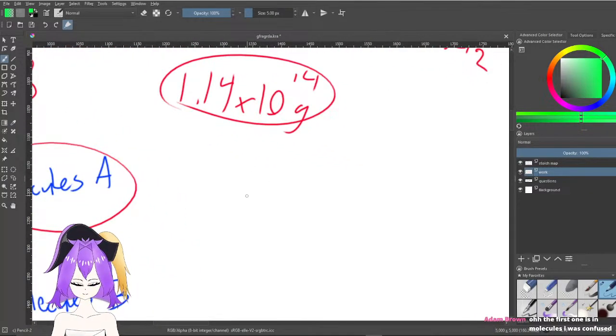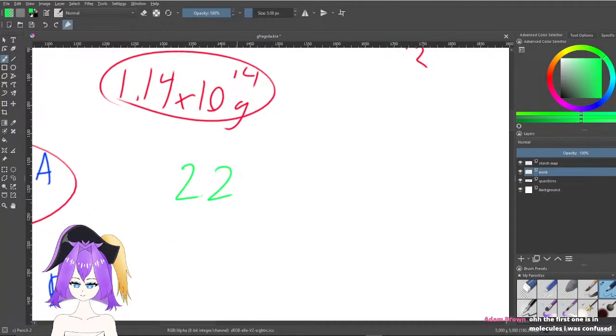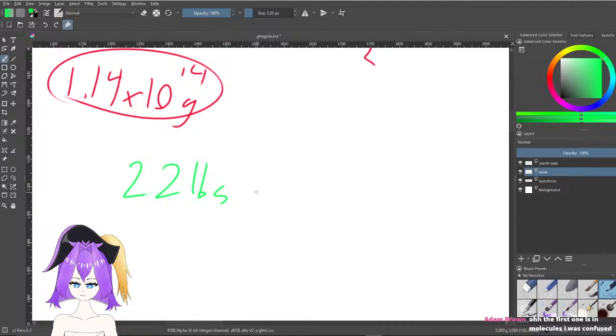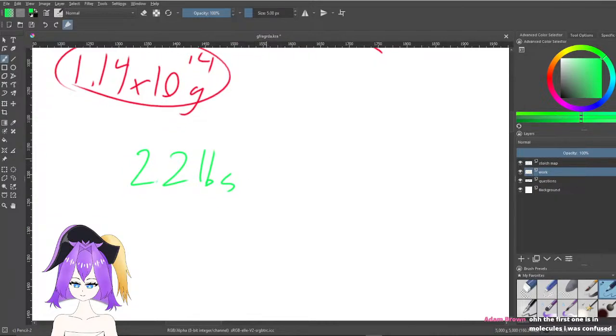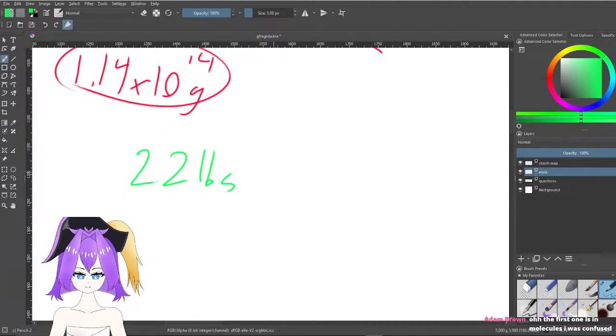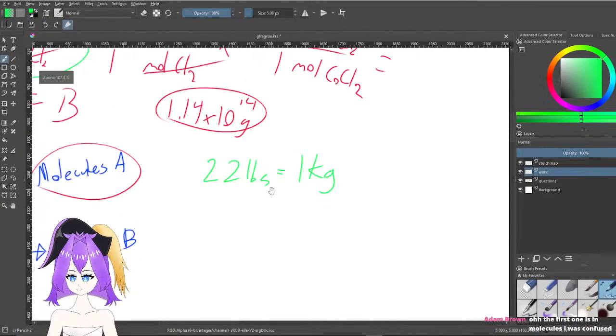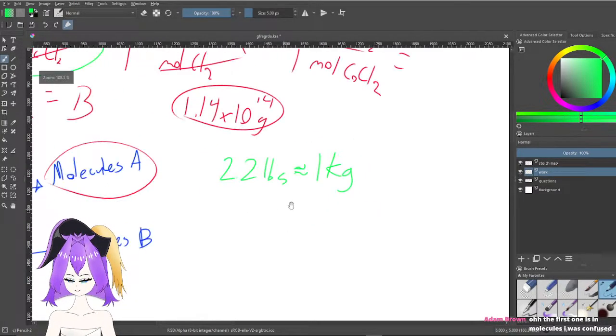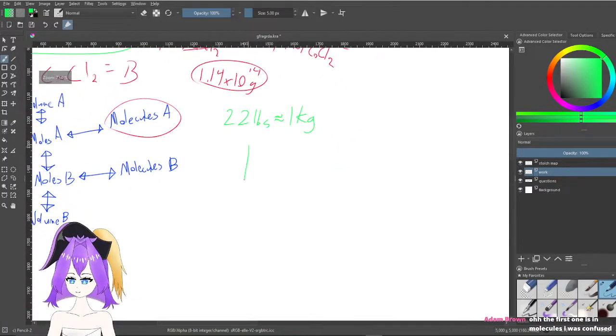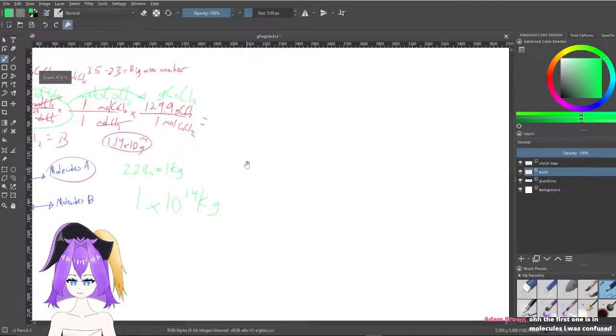A kilogram is already like 2.2 pounds, right? I'm just going to work in donuts, burgers, equals 1 kg, approximately. So imagine 1 times 10 to the 14th kilograms, right?